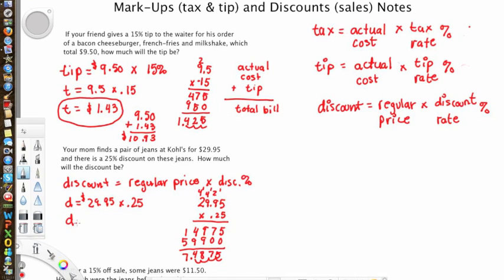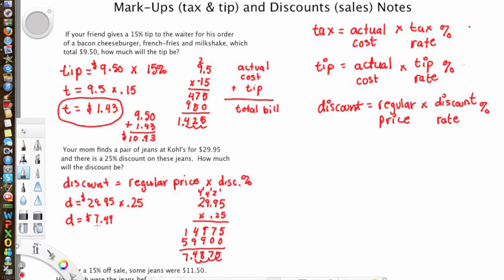So the discount is going to be $7.49. Now, how do I get 49? Well, it's $7.48, 0.7 cents, so I round to the nearest penny.